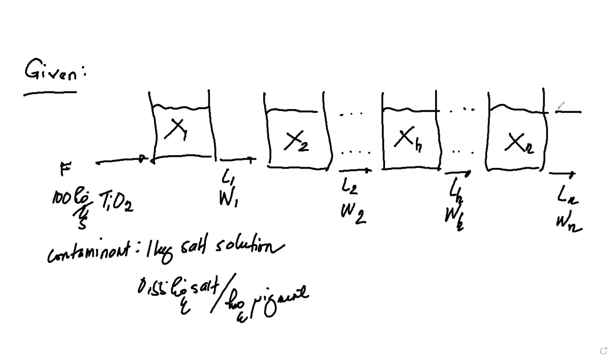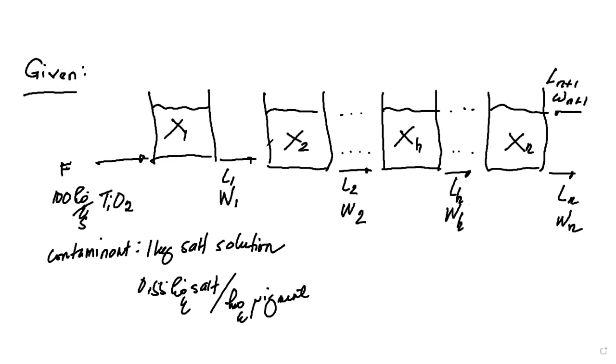Your solvent is represented by small w sub n plus 1. If it has some solid present on it, that would be, by the way, L sub n plus 1.